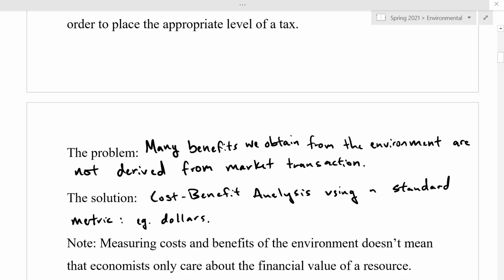If we measure the benefits of environmental goods in dollars, that's going to make for easier comparisons and easier policy decisions, because dollars is something we can inherently understand. So we're going to take non-market goods, like clean air, and assign them some sort of dollar value in order to put policies in place to protect them or expand them, or any other sort of policy. Okay?